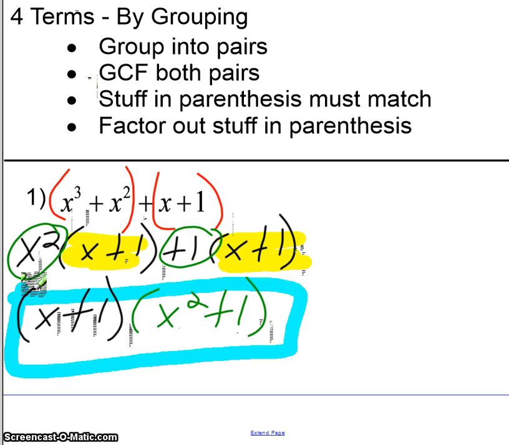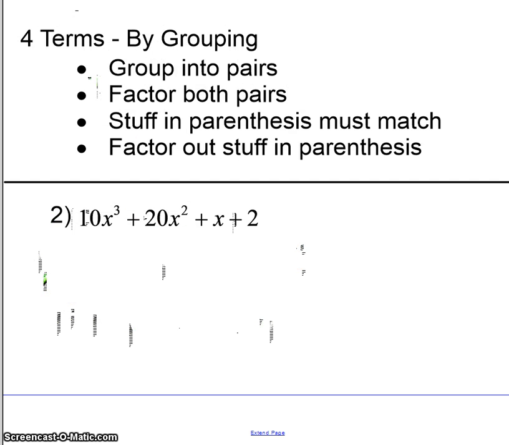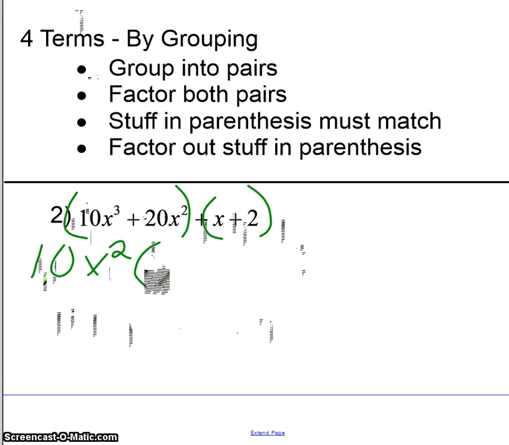All right, problem 2. Step 1 is to group. Step 2 is to GCF. So the GCF of the first group is 10x to the second. 10x to the third divided by 10x to the second is x. 20x to the second divided by 10x to the second is 2.